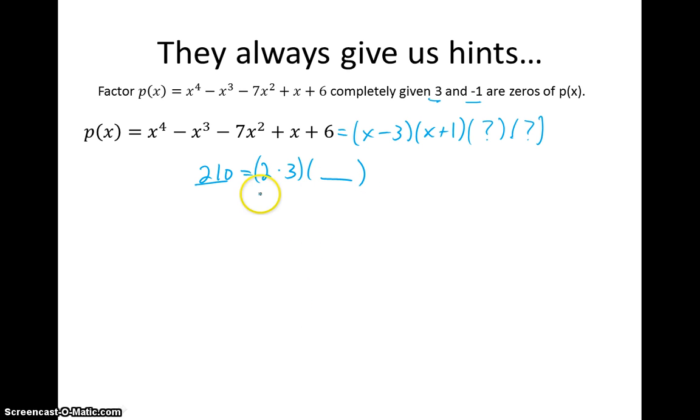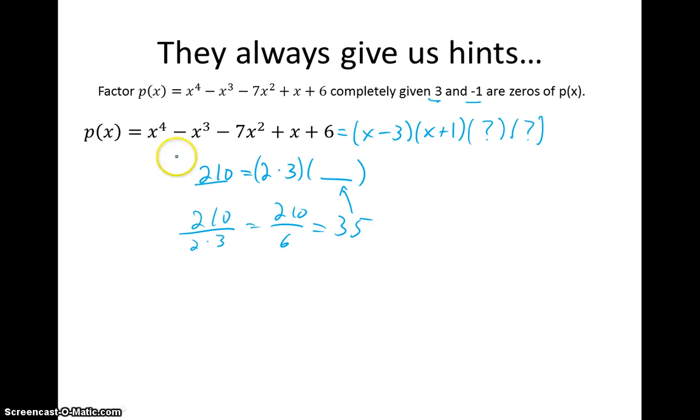Well, you might be able to just do trial and error and figure it out, but what you would probably do is divide. You would do 210 divided by 2 times 3, which is 210 divided by 6, and you would get 35. So you would get 35, and you can say, oh, okay, that's what that last value is. We can do the same thing with polynomials.